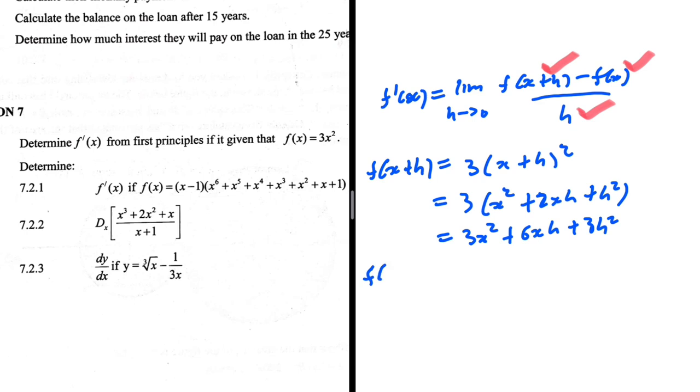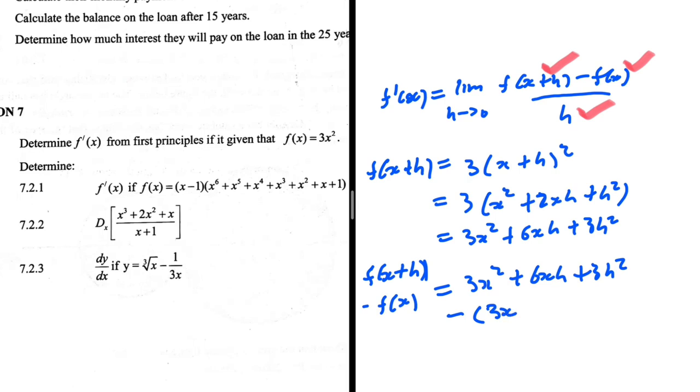So what about f of x plus h minus f of x? Let's go ahead and do that. That will give us 3x squared plus 6xh plus 3h squared minus 3x squared. 3x squared minus 3x squared will give us 0.